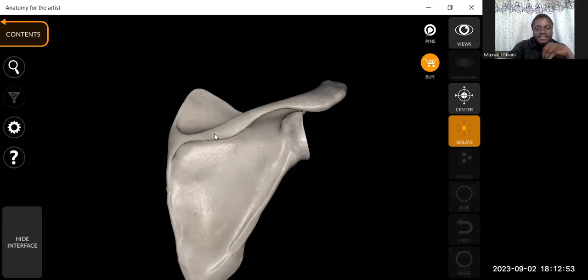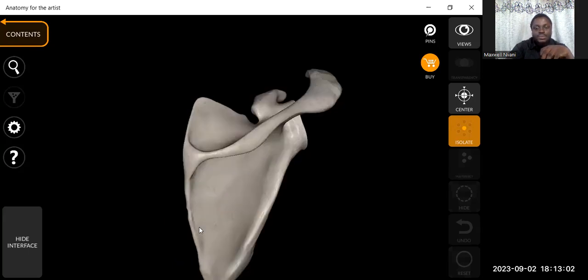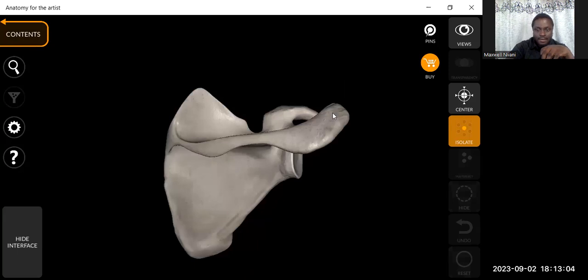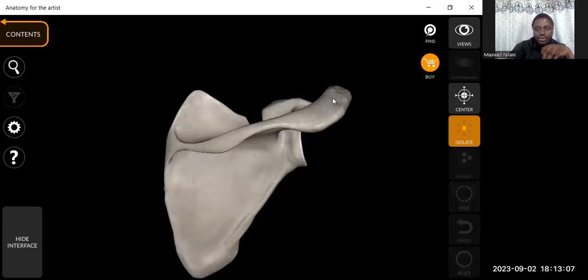What divides these surfaces into two is the spinous process, this projection you're seeing here. And I said the spinous process is continuous with the acromion.